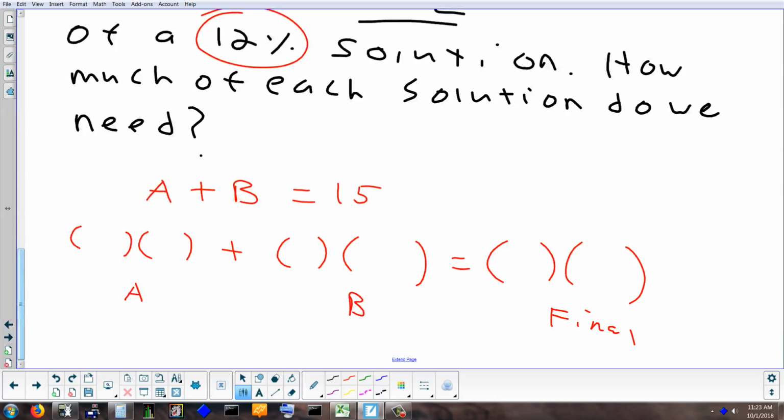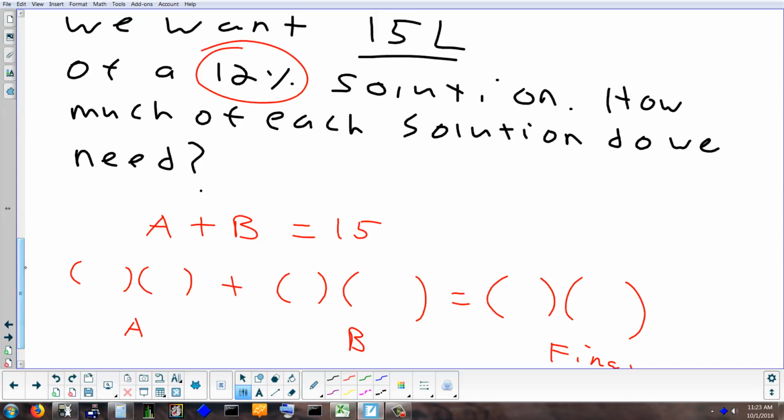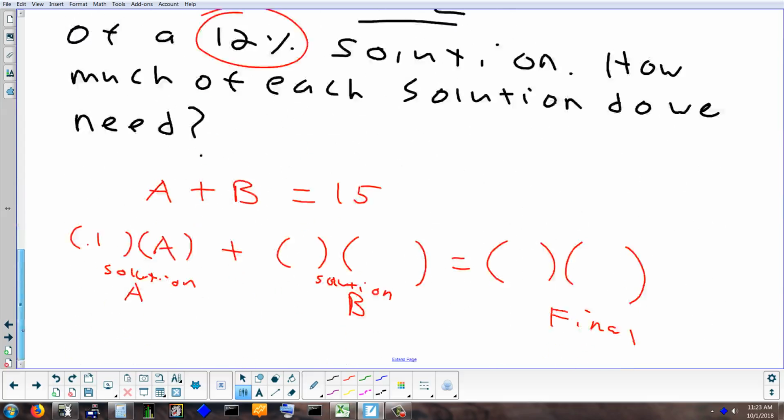Okay, so concentration. What's the concentration of solution A? Yeah, 10%, and as a decimal? 0.1, yep. Put 0.10, but if you put 0.1, it's the same thing. So concentration times how much of solution A are we using? We don't know. We're using A. So solution A, solution B, and then the last one is the final solution.